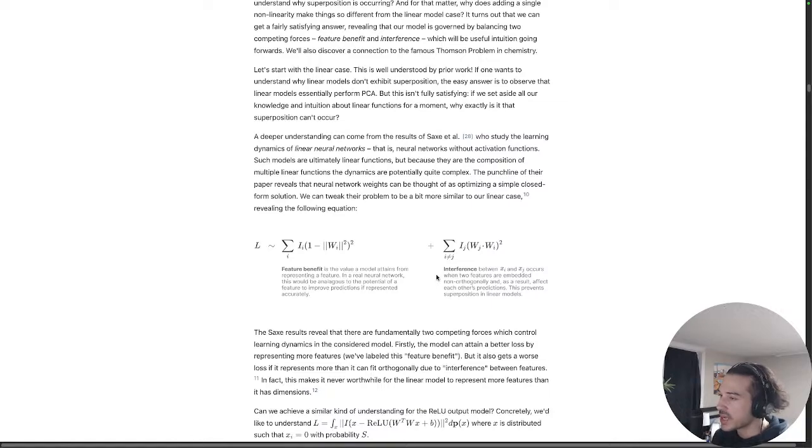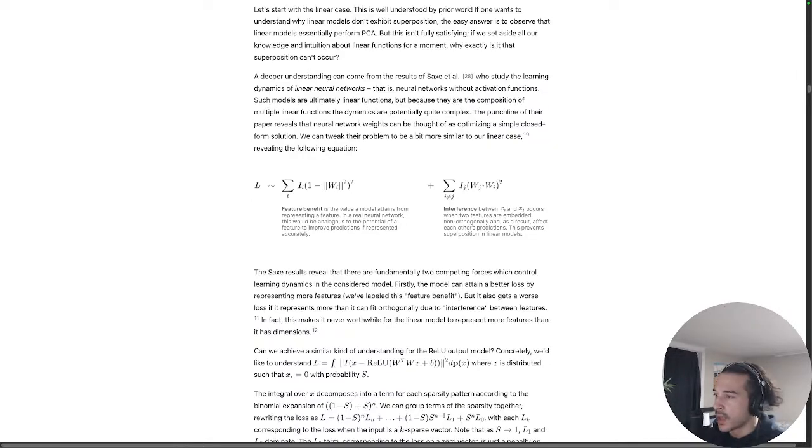We can tweak their problem to be a bit simpler for our linear case, revealing the following equation. L is from a probability distribution of the sum for all I of the importance for I times 1 minus the norm of weights sub I squared, all squared, except for the importance, which is multiplied to it after, and again the sum for all I.